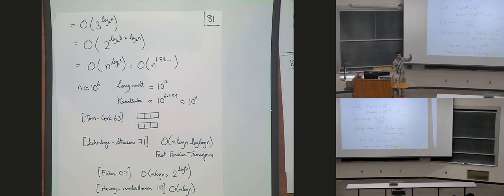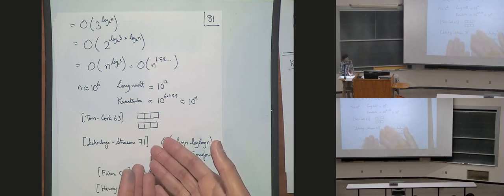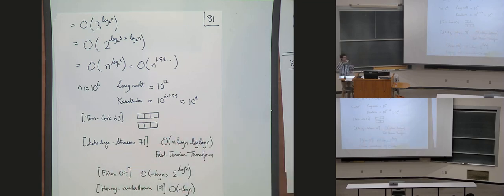Karatsuba is going to do all these weird subtractions and additions, and that kind of starts adding up. No pun intended. So once n crosses some point, then it becomes better. If you wanted to know whether to implement this or not, you have to do a more careful analysis and see where the crossover point is. But again, the fast Fourier transform as an algorithm is implemented for other signal processing tasks.